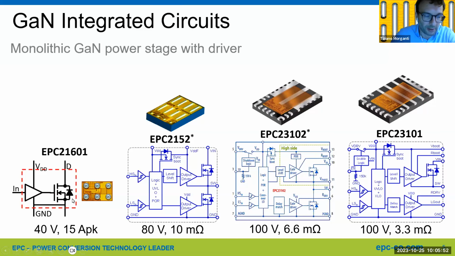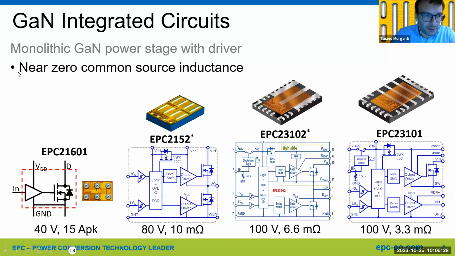The first one here is dedicated to LiDAR applications, and it is a low side switch with integrated gate driver, while the other ones are half bridge power stages with integrated gate driver with level shifter, synchronous bootstrap rectifier, and input logic. So basically, you can connect directly to logic level microcontroller PWM output on this side, and you get the power switching on this other side.